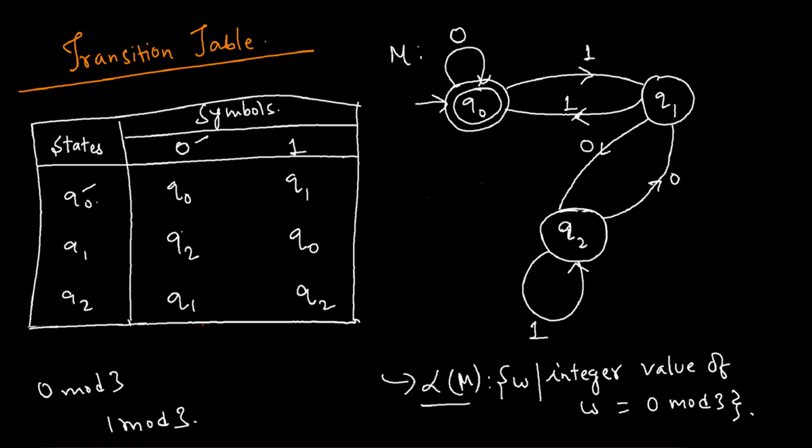Have the same transition diagram, just make q0 non-final and make q1 final. Similarly, if the question was about accepting the strings whose integer value is 2 mod 3, then make q2 the final state. Very good. Thank you.